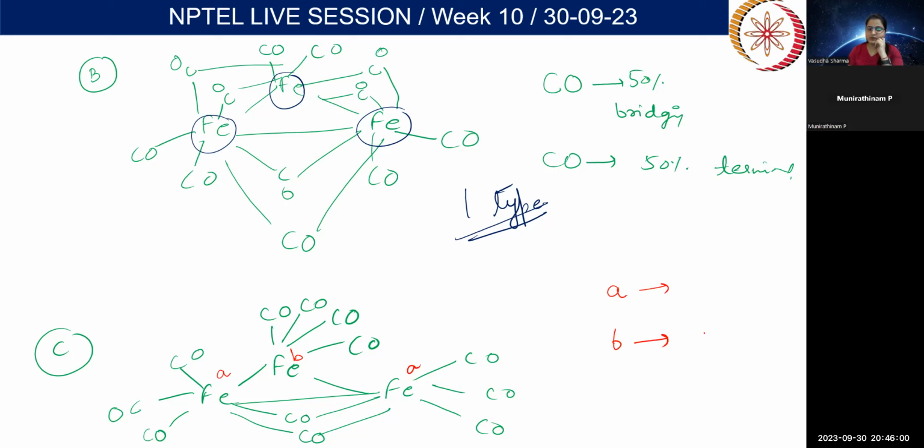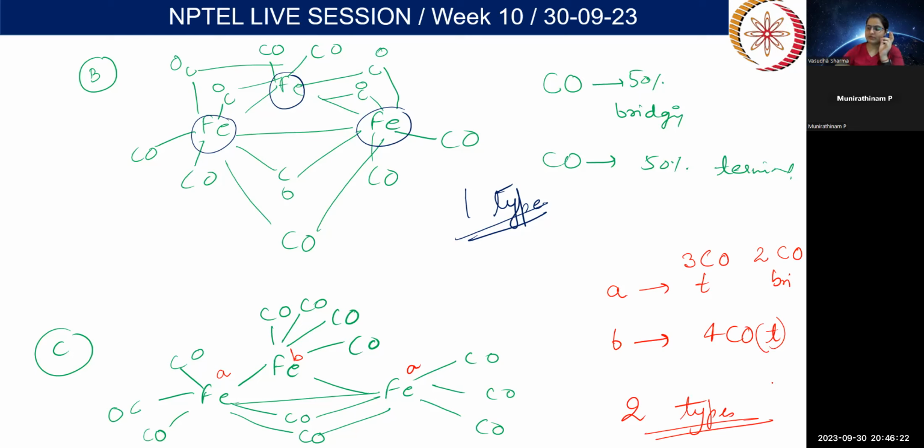So two signals. A type is one and B type is one. A type has three terminal and two bridging carbonyls, whereas B type has all four as terminal. So we would expect two types of signals in the Mossbauer.